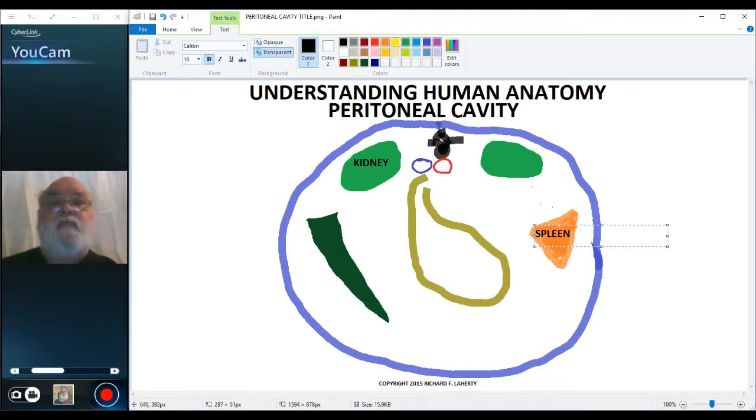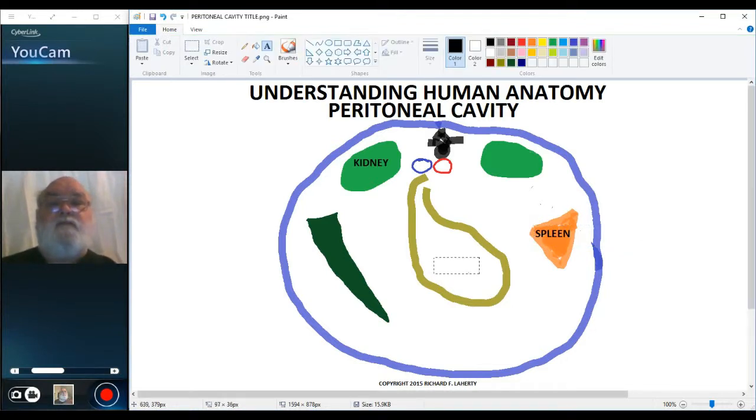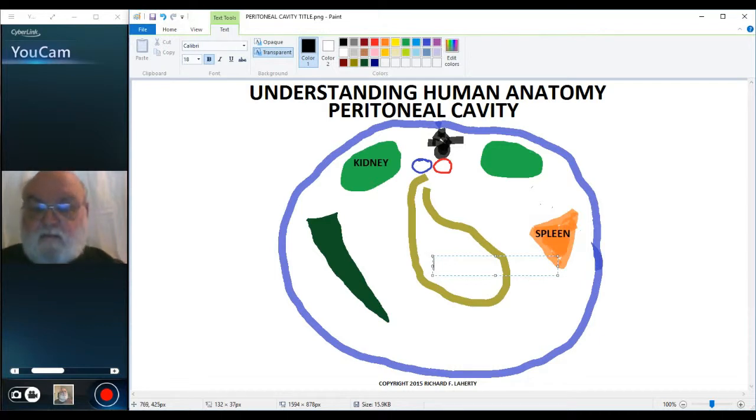There. We have the stomach. And I'm just going to put a capital D for the beginning of the duodenum. Over here we will have the liver.